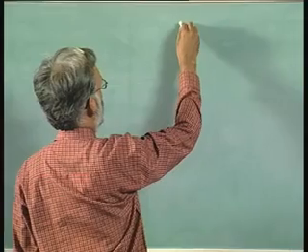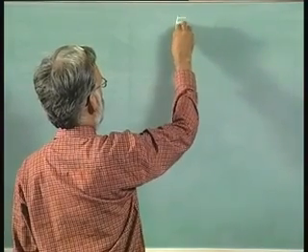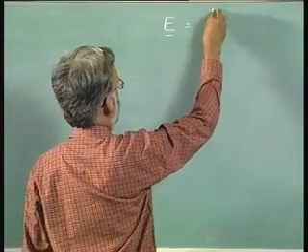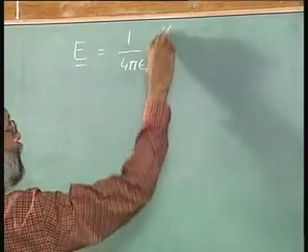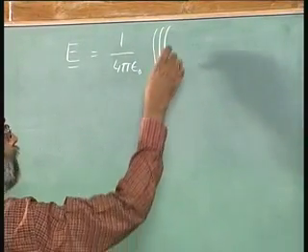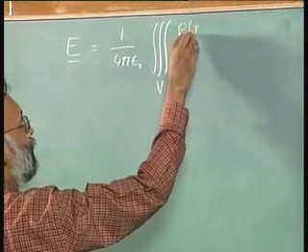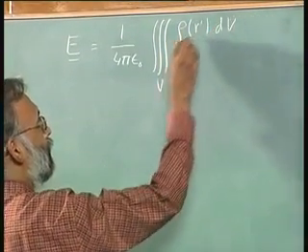From Coulomb's law we had that the electric field is equal to 1 over 4 pi epsilon 0 times the volume integral over any volume of the charge density dV divided by the distance squared.